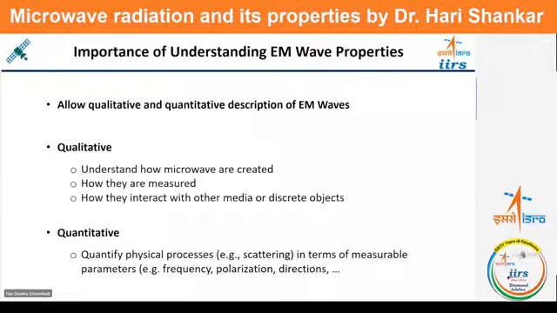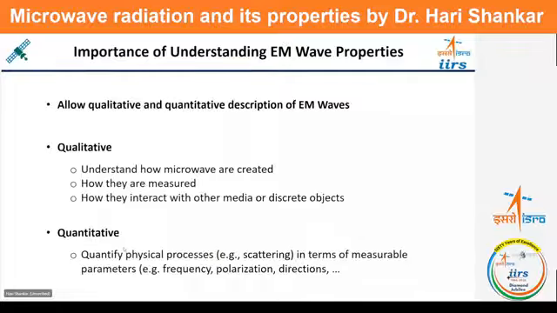We can also understand how they interact with other types of media, whether it is the atmosphere or different features on the earth surface, or any special phenomena happening near the earth surface, like fog, rain, or clouds. In such situations, we are not measuring how much deviation or effect there is, but we understand qualitatively what the nature of the electromagnetic spectra is changing.